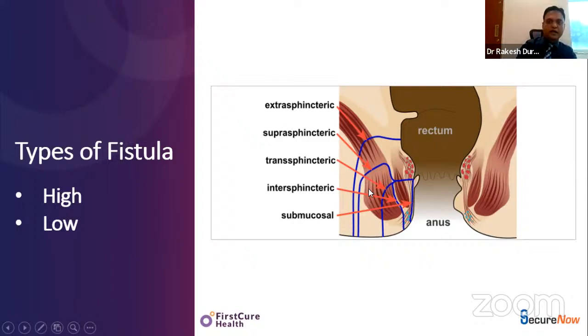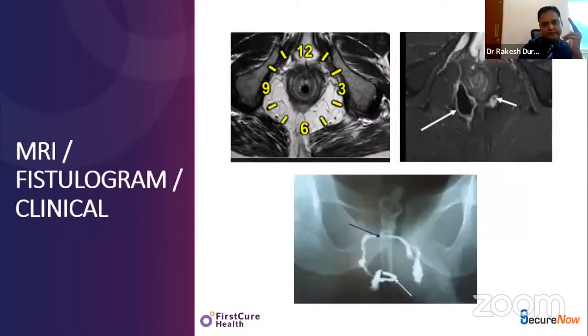The third one is transsphincteric, through the sphincters. These are the ones which are tough to deal with, because from here onwards, the transsphincteric, suprasphincteric, and extrasphincteric, there are very high chances of injury to the sphincter, the back passage, when we operate. But for the sake of the patient, it is high fistula or low fistula, that's it.